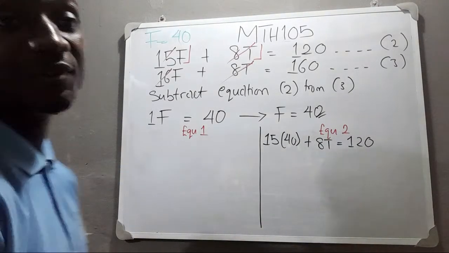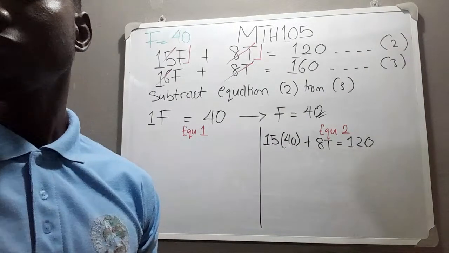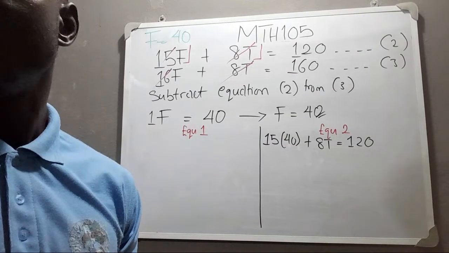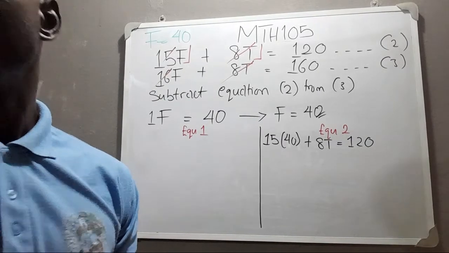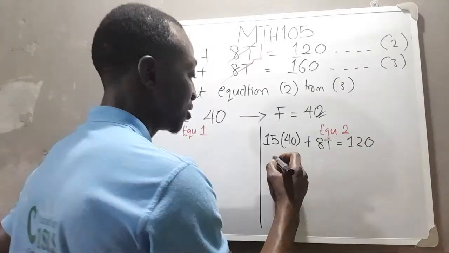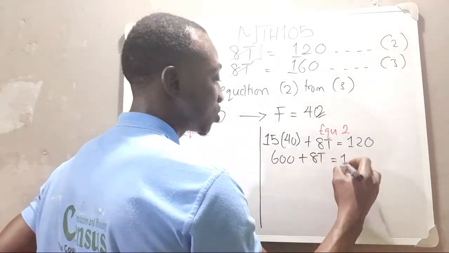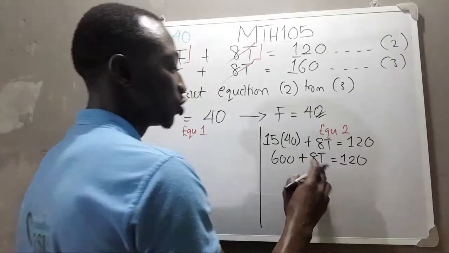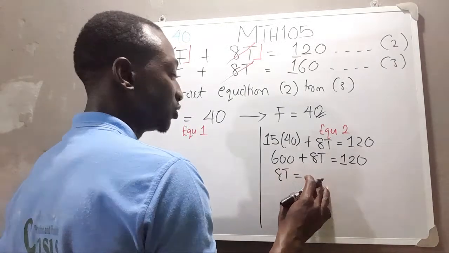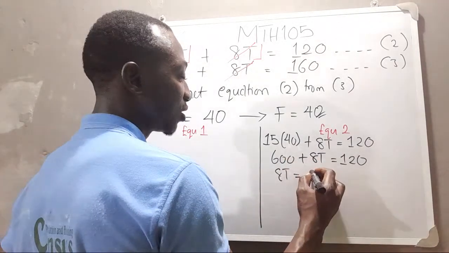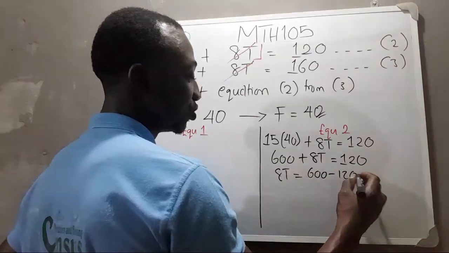So we have 15 multiplied by 40, we have 600. So we have 600 plus 8t equals 120. If we bring this 8t forward, it equals, then this 600 comes here, then we have minus 120.